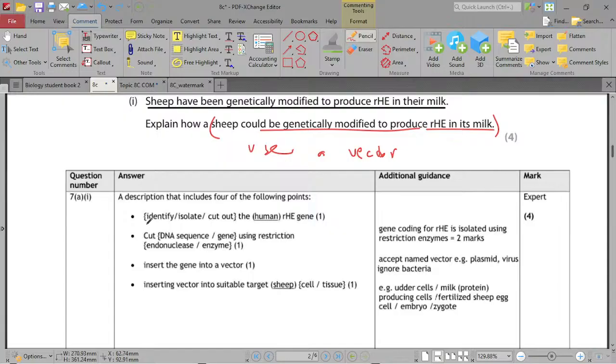Okay, I'm not sure. So let's see. Okay, this is a human one. Okay, this is important. Identify, isolate, cut out the RHE gene. Cut the DNA sequence using restriction endonuclease enzyme. Insert the gene into a vector.